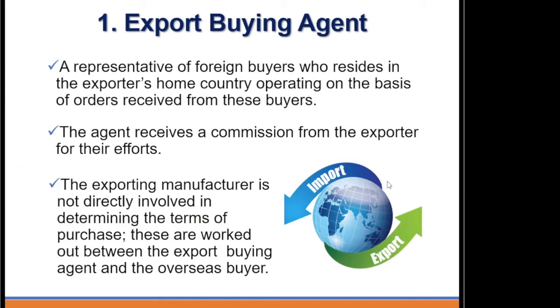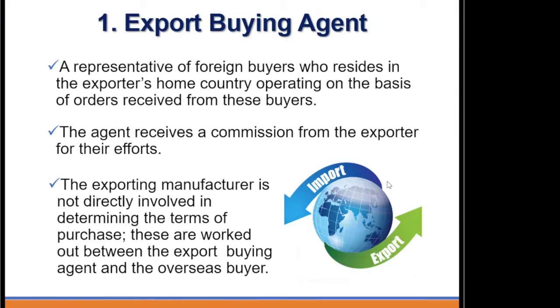Now, the agent does not receive anything from the buyers in this regard. However, they receive a commission from the manufacturing company, who in this case is the exporter, for their effort in being able to solicit orders from these buyers in the foreign market and getting these orders filled by the manufacturer. So in this case, the manufacturer is not directly involved in determining the terms of the purchase.